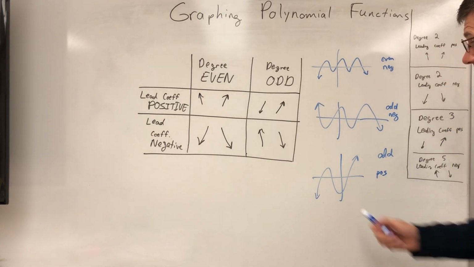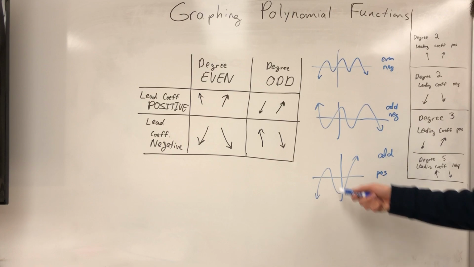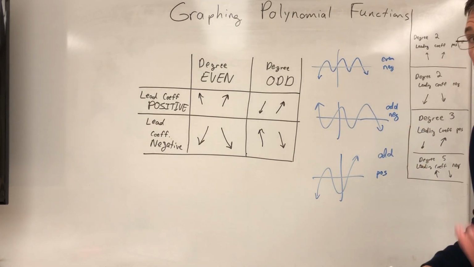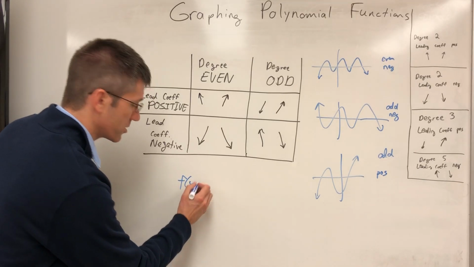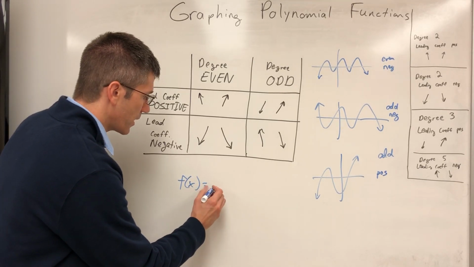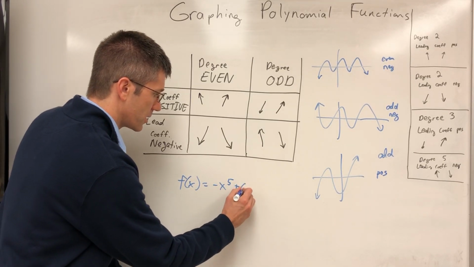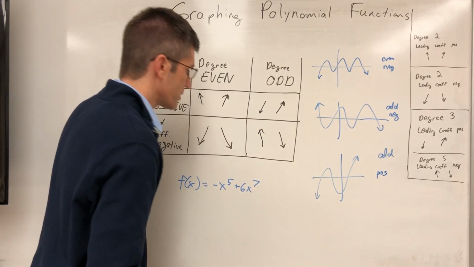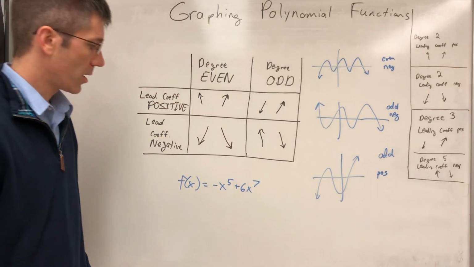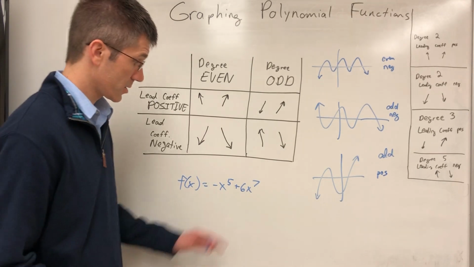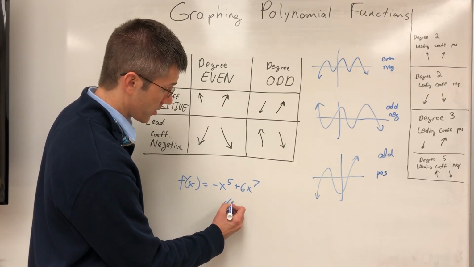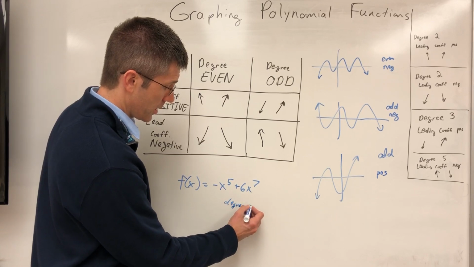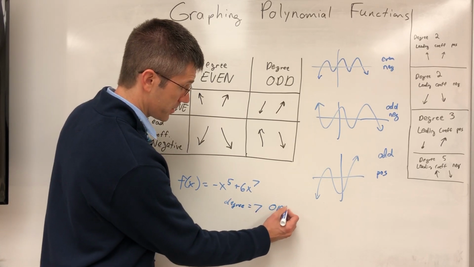And then we could also talk about how many zeros you have. We could talk about maximums, minimums. I could give you an equation. I could say, hey, suppose this is a function. You don't have to write this. If I have this function, x to the 7th, and I say, what's its end behavior? You wouldn't be lost. You got this. Okay, let's just look. The degree is 7, which is odd.